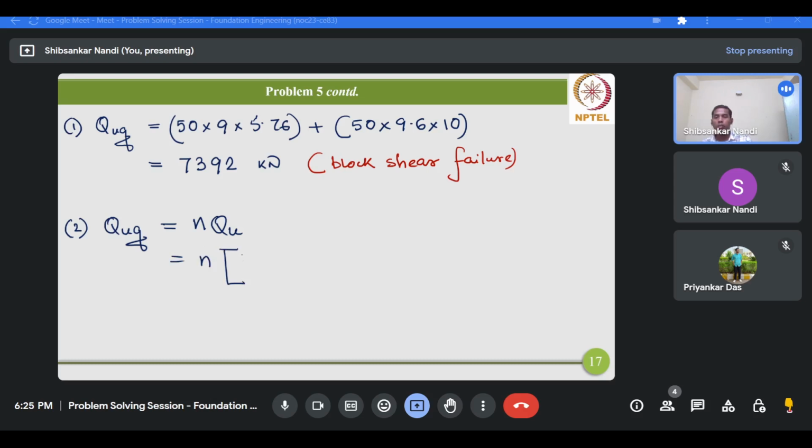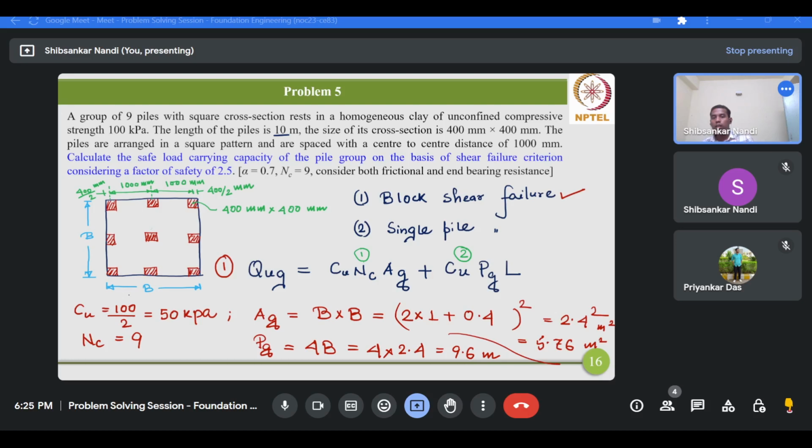So you can modify this equation further: Cu Nc Ap plus alpha Cu As. This time you have to consider the adhesion factor for calculating the skin friction resistance of the individual pile. Now what is the number of piles involved in the pile group?